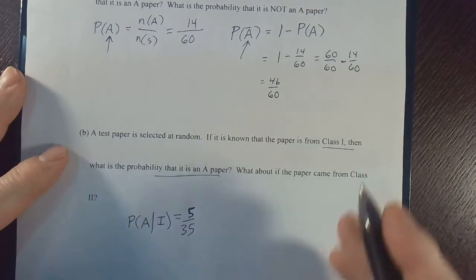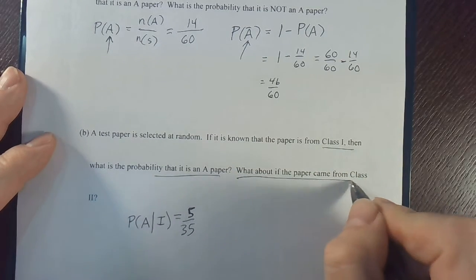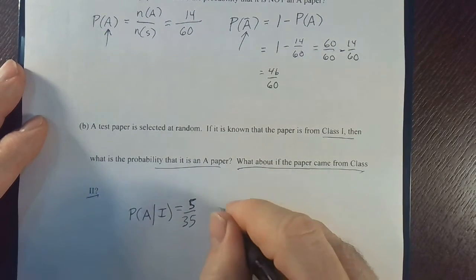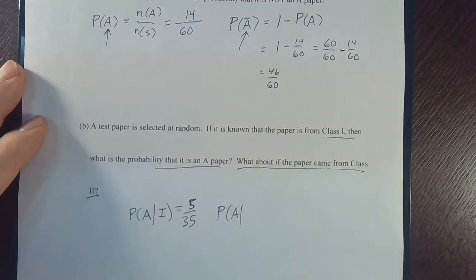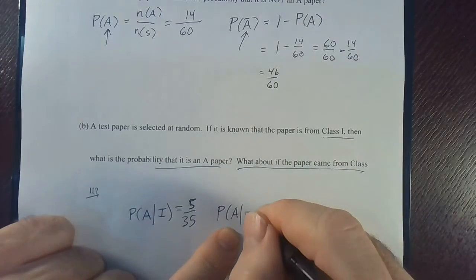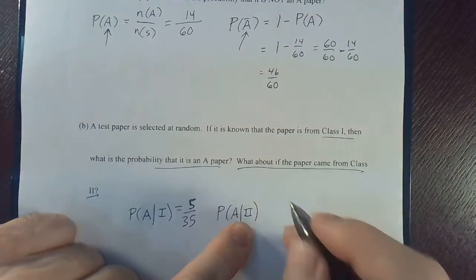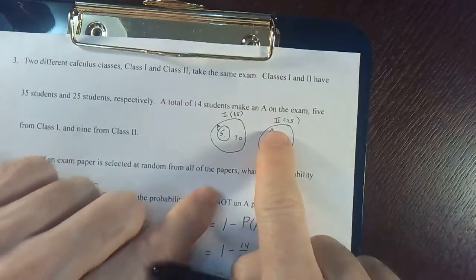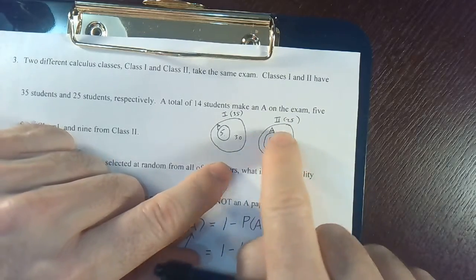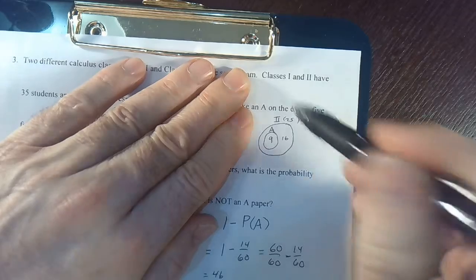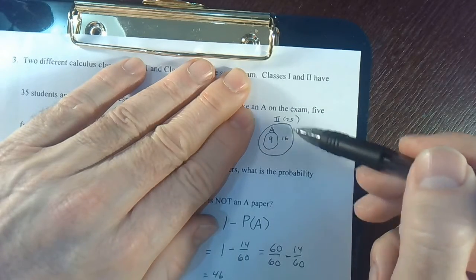It'll be different because this time, what if the paper came from class 2? So what I'm looking for in this case is the probability of an A paper given that the paper came from class number 2. So now, if we're told that the randomly selected paper came from class number 2, this one will pretend like it doesn't exist because we know that it was taken from this set.